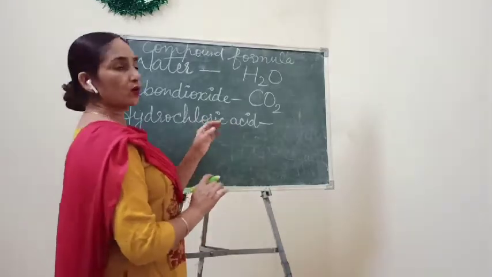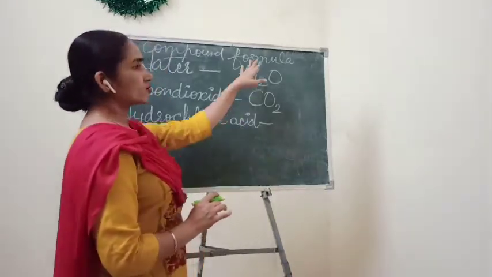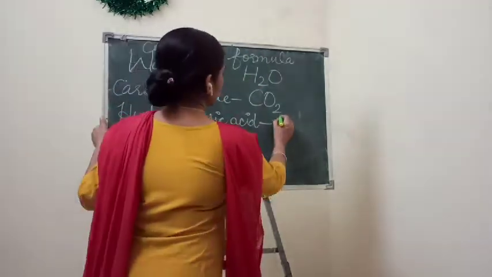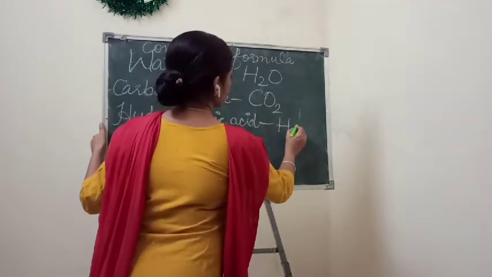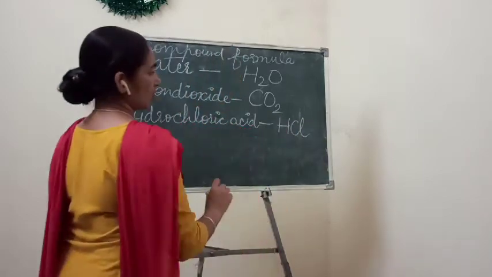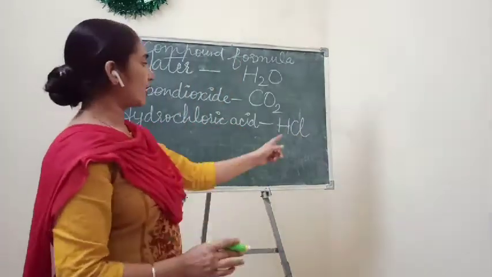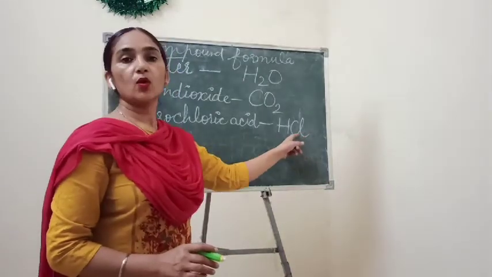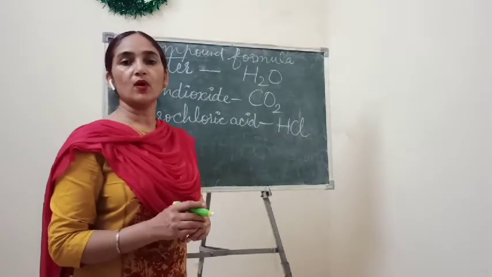This hydrochloric acid also has a formula, which is capital H and capital C but small l, because it is a combination of hydrogen and chlorine. Cl is the symbol of chlorine.